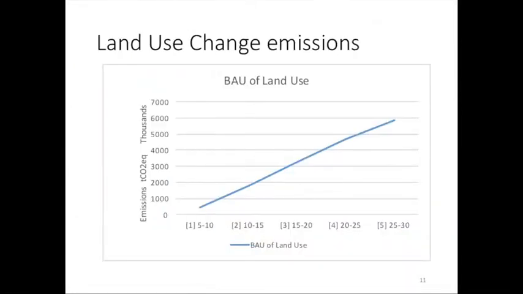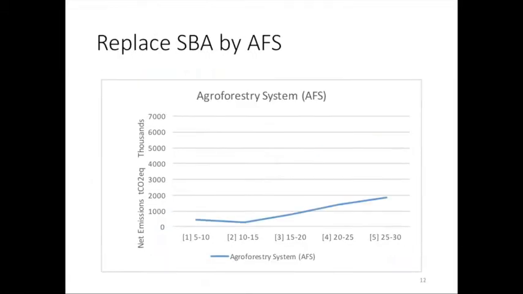So this plot shows the traditional business as usual with the traditional slash and burn agricultural emissions, which shows that the current conditions will become worse with increased emissions related to forest land conversion to slash and burn agriculture. But by considering agroforestry systems, we can lower a lot of those emissions.